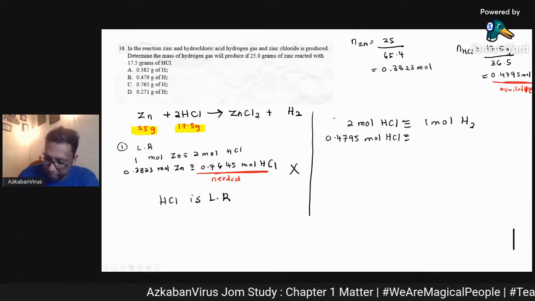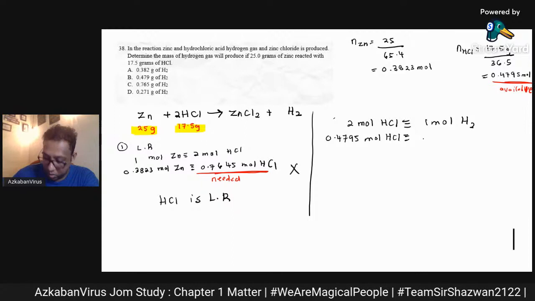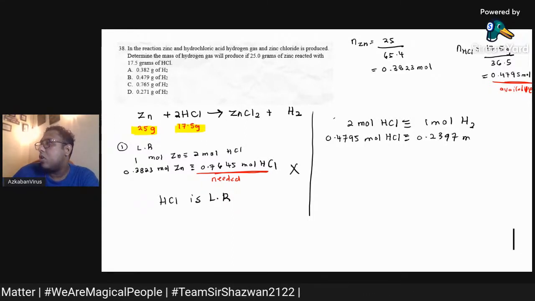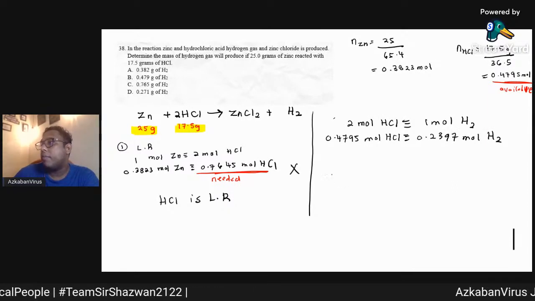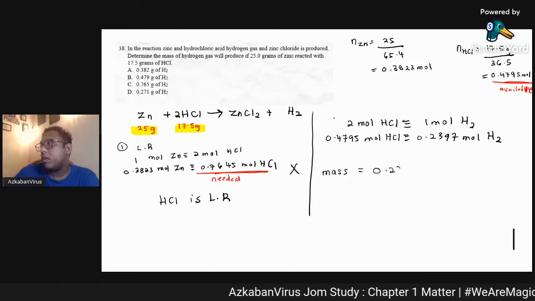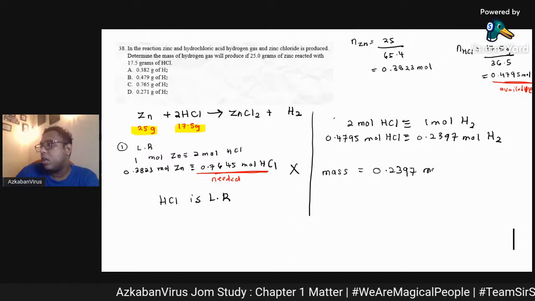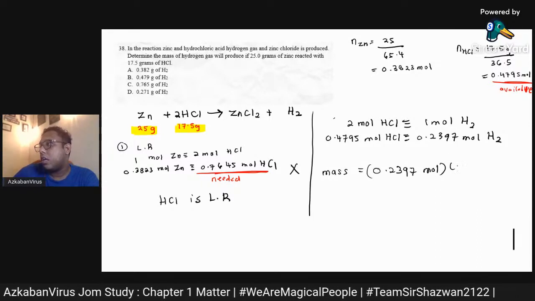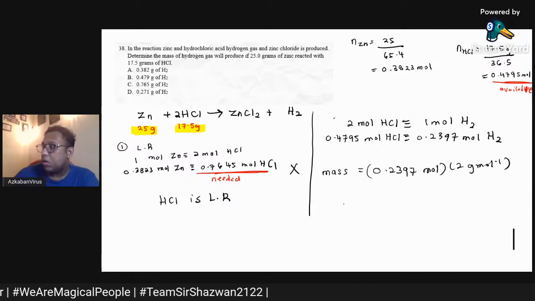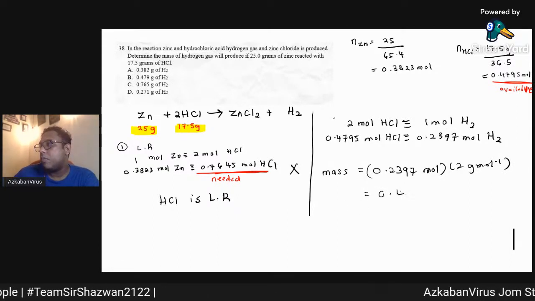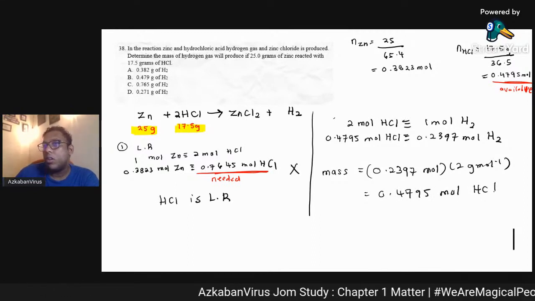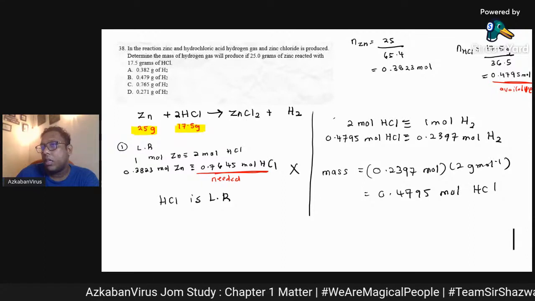So, dia akan menghasilkan 0.2397 mole of H2. And mass of H2 is equal to 0.2397 mole darab dengan 2 gram per mole. This is equal to 0.4795 gram. So jawapan dia adalah B.